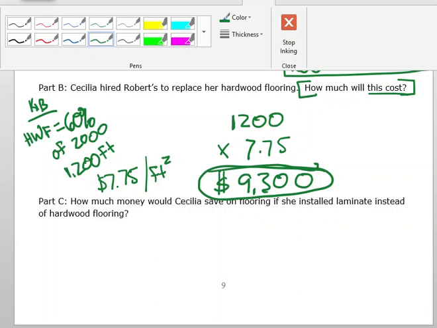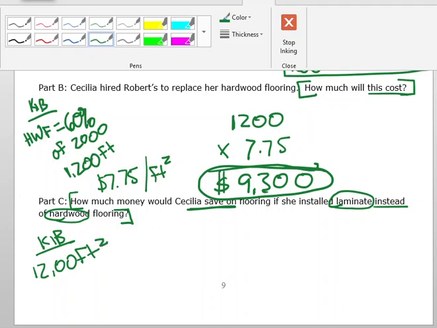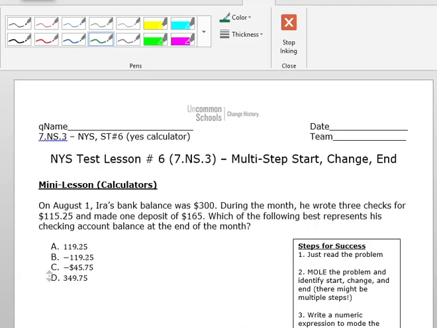How much money could we save? How much money would Cecilia save on flooring if she installed laminate instead of hardwood flooring? Okay, so we're still working here with 1,200 feet squared of flooring.